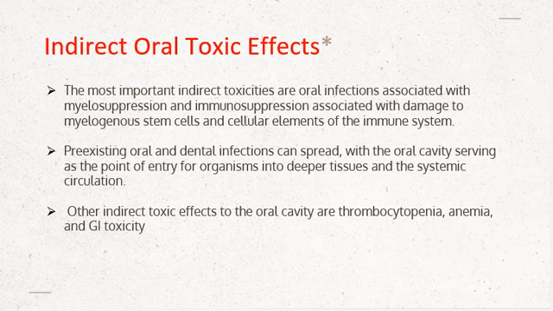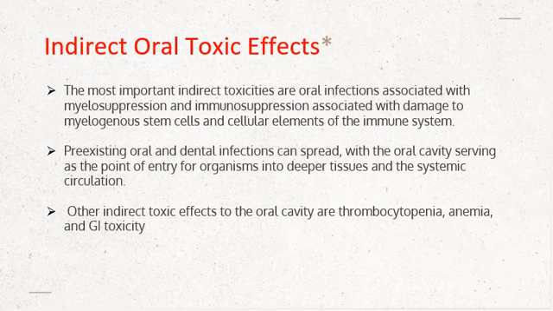So, your pre-existing oral and dental infections can spread, with the oral cavity serving as the point of entry for organisms. The problem here is the patient is more prone to develop additional dental infection or additional systemic infection, since the point of entry will be your oral cavity. So, if our cancer patients have dental infections, this can spread via the oral cavity into the systemic circulation.